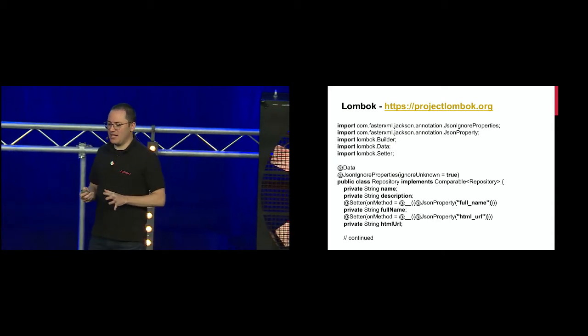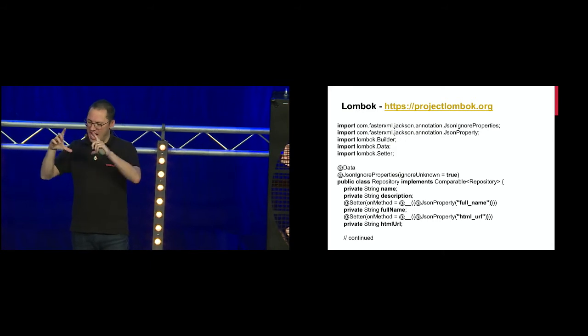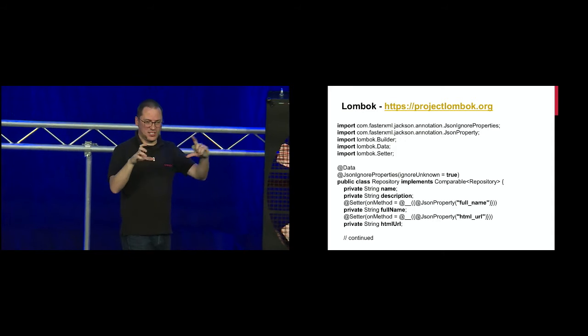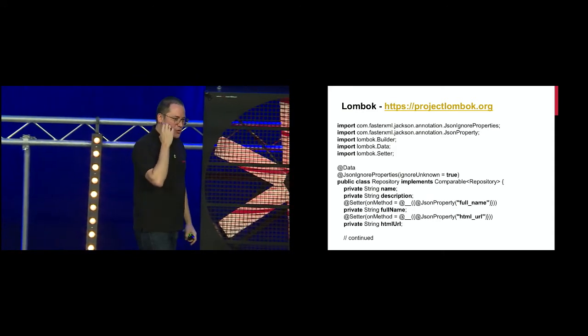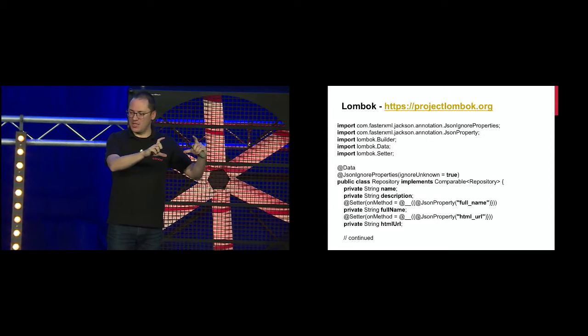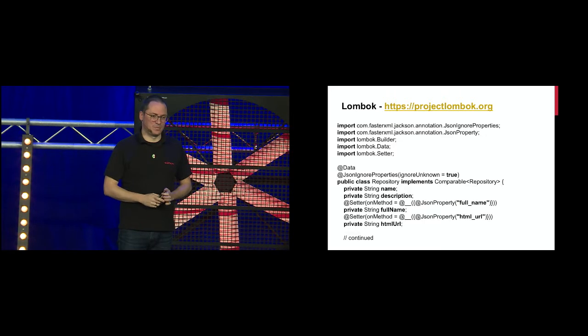And the final thing, I know it looks a little bit weird, we have an @Setter annotation with another argument that says ampersand, underscore, underscore, and then the JSON thingy. Looks weird, but what we're doing is instructing Lombok to append that additional annotation, in this case JSON property, to the generated setter.